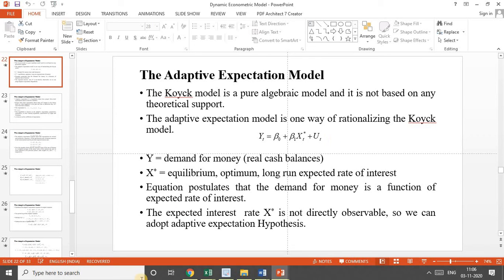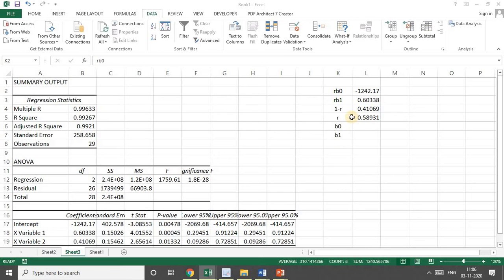So how can we do that? Gamma beta 0 is equal to minus 242.17. Then beta 0 is this divided by gamma, so beta 0 is equal to minus 2107.82.